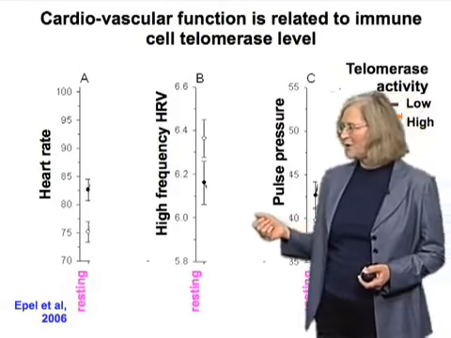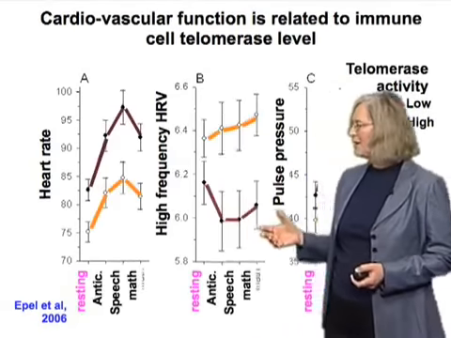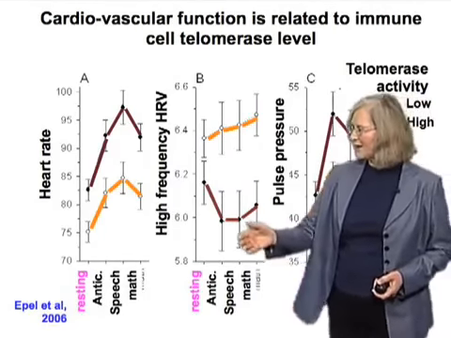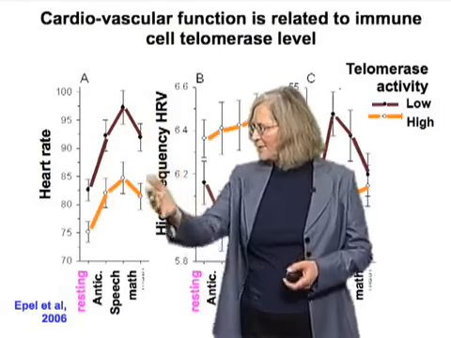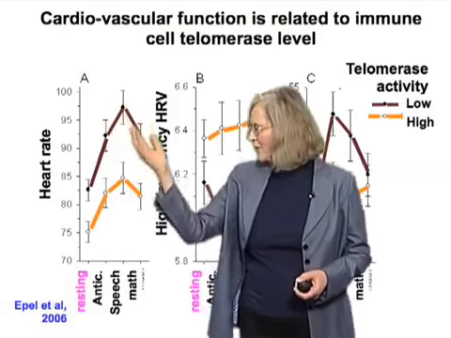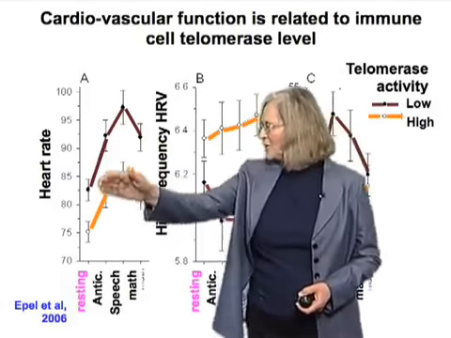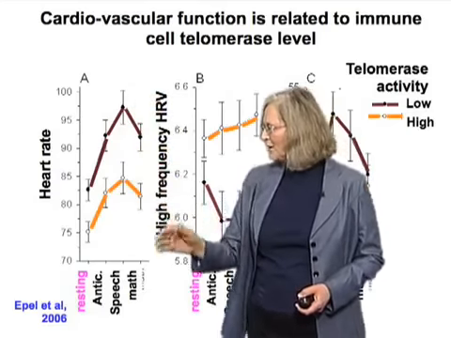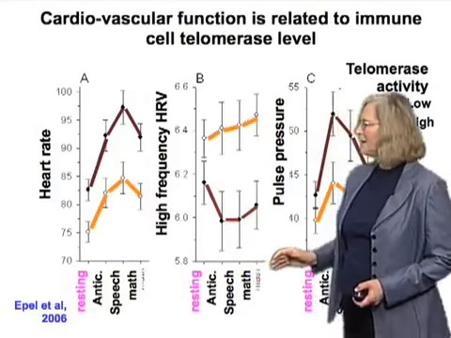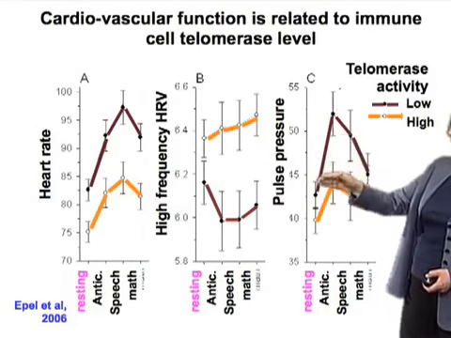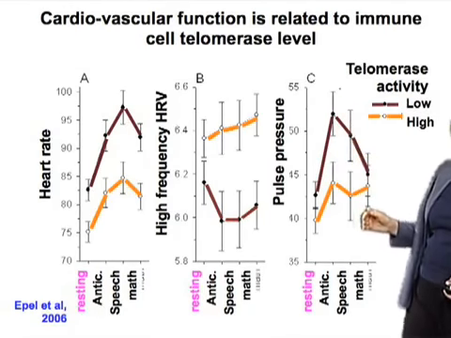Interestingly, how people responded depended on whether they fell into the high or low telomerase group. So I'll just show you the curves. It's quite striking. What you expect is, of course, your heart rate will go up as you become more nervous and uncomfortable with these deliberately unpleasant tasks. And you can see that the low telomerase people, their heart rate, already resting higher, went way up much more in response than the high telomerase people. Similarly, their pulse pressure went much higher and then eventually came down somewhat.